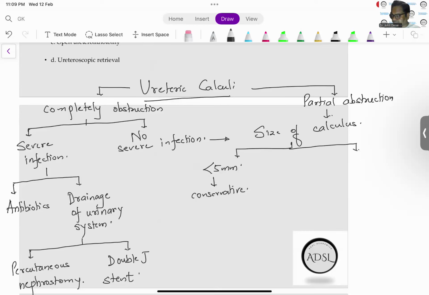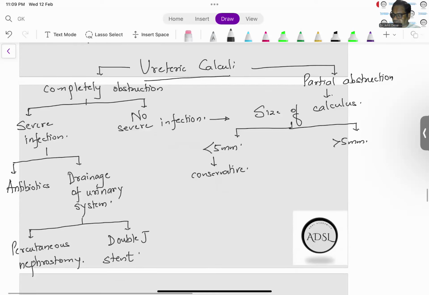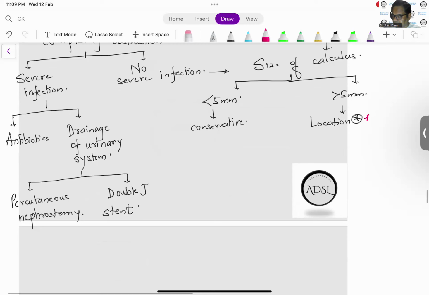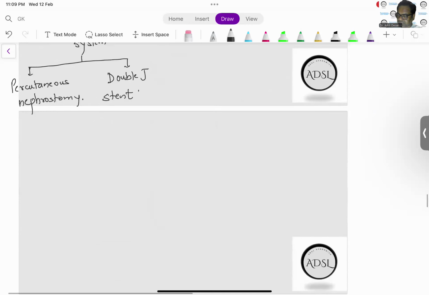But if the size of the calculus is more than 5 millimeters, this is when the location becomes important. Where can the calculus be located in the ureter?